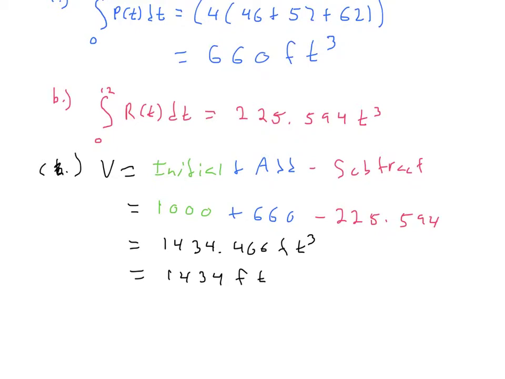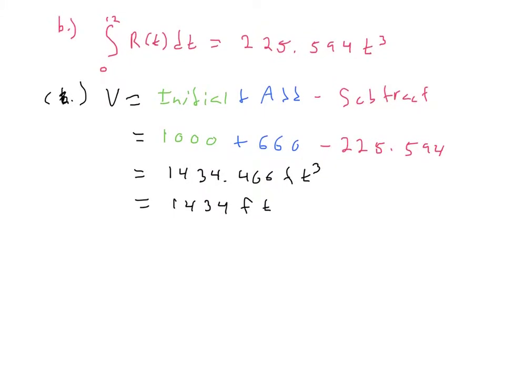All right. Lastly, part D is a 2-part question. The first part says to find the rate at which the volume is increasing at a time of 8 hours. The change in volume will be equal to how much we added minus how much leaked out.